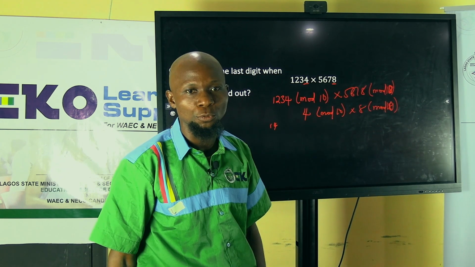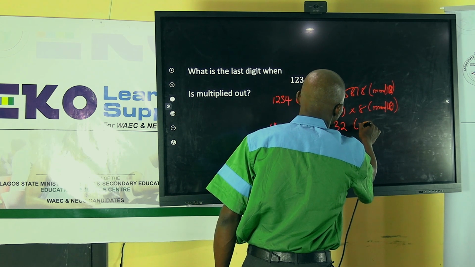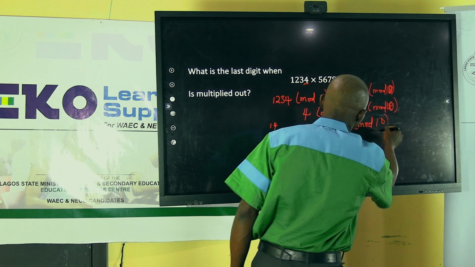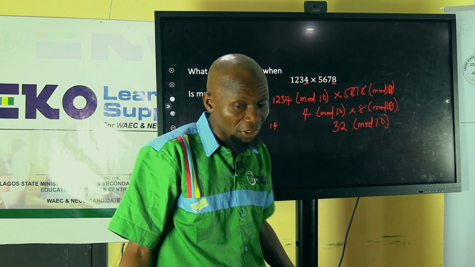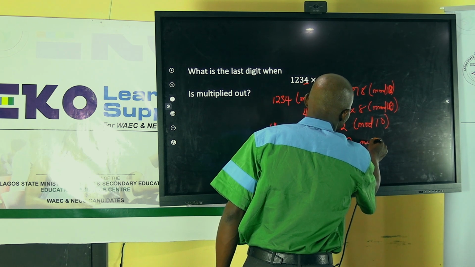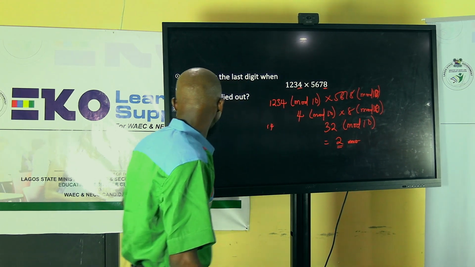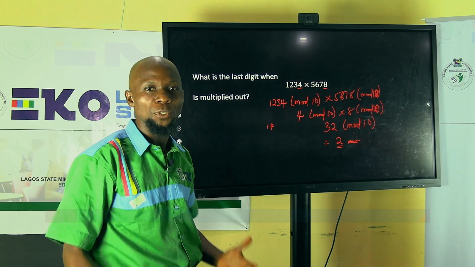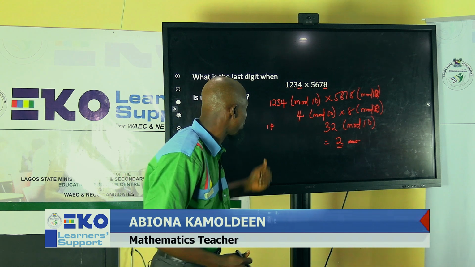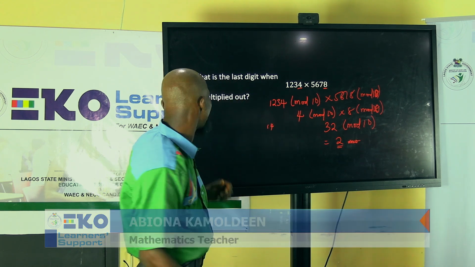So 4 times 8 is what? 32. 32 modulo 10, because we need the last digit, which is what? 2. So the answer to that is 2. All right? So that is multiplication. You can always find the modulo of each number or element in that expression, then you multiply.